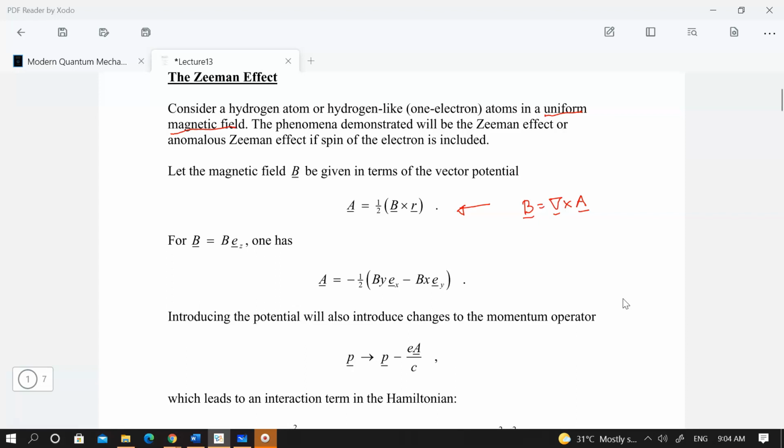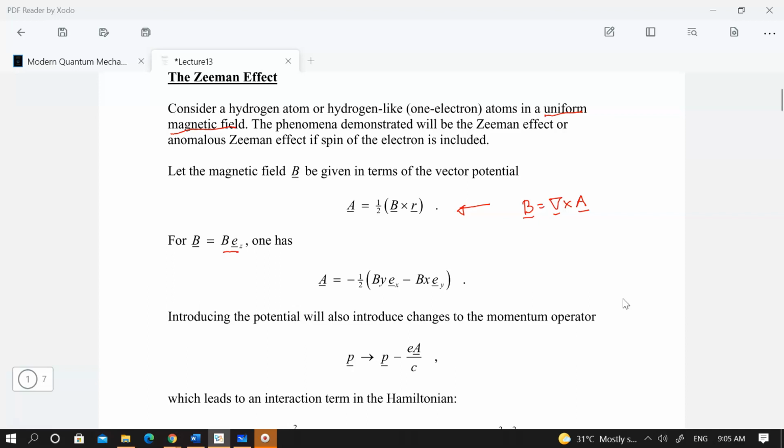What we're going to do is fix B to be pointing in a particular direction, normally taken to be the Z direction. Then you can substitute this inside the vector potential, and this can be calculated out to be the following, where you have the X component and the Y component, with B multiplying the respective components.